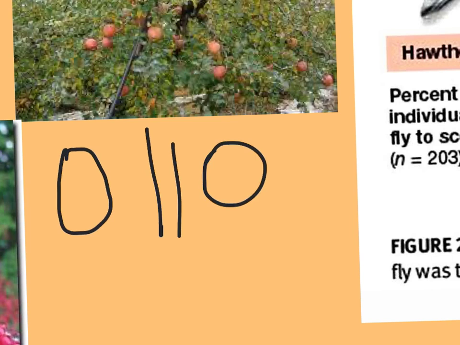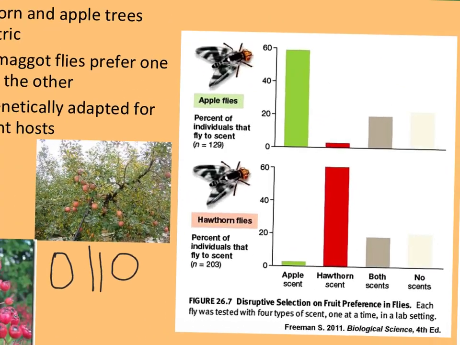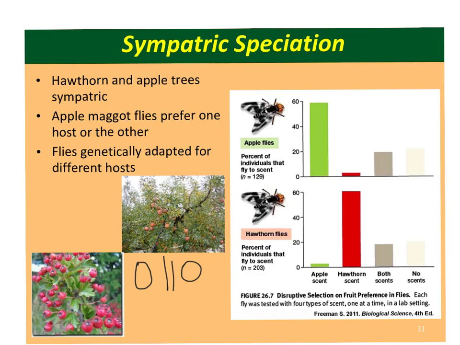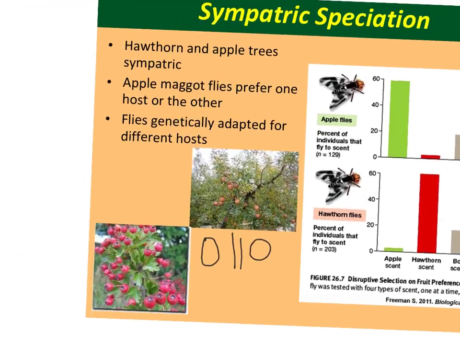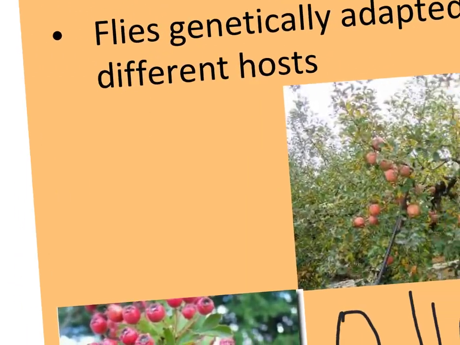Now, sympatric speciation means in the same place. Let's think about this. Like these apples and hawthorns, each tree is kind of like a separate habitat. So in a sense, sympatric in this case is almost identical to allopatric.